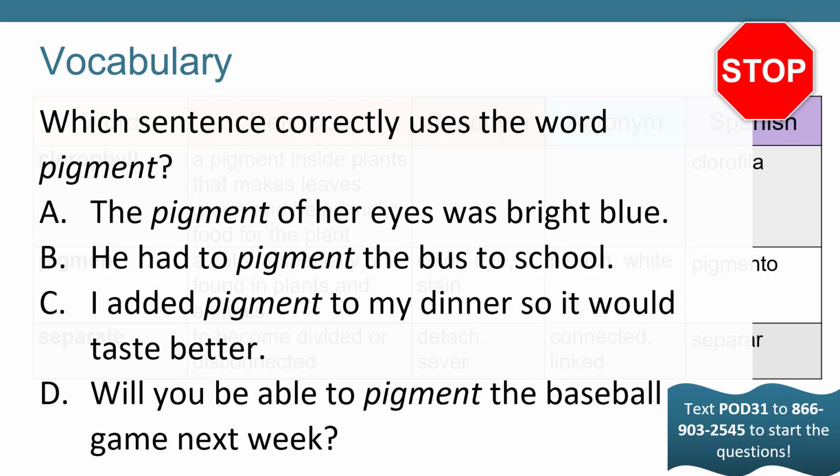B. He had to pigment the bus to school. C. I added pigment to my dinner so it would taste better. D. Will you be able to pigment the baseball game next week? Remember, pigment is another word for color. I wonder which of these is used correctly. Text in your answer now.